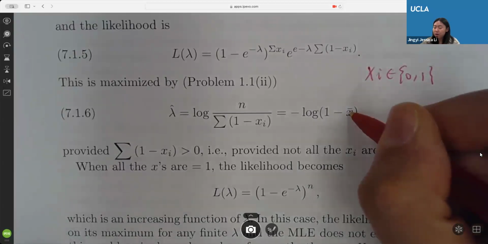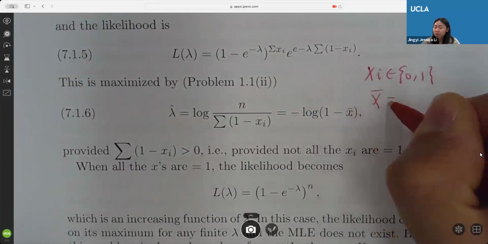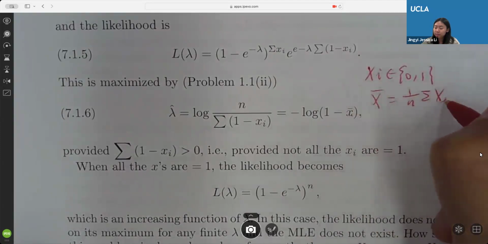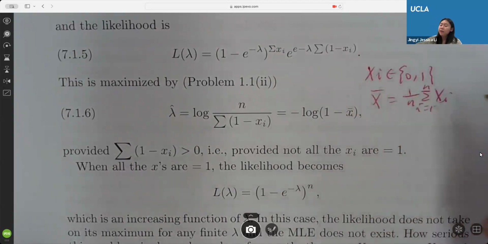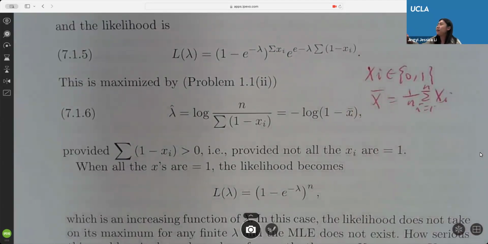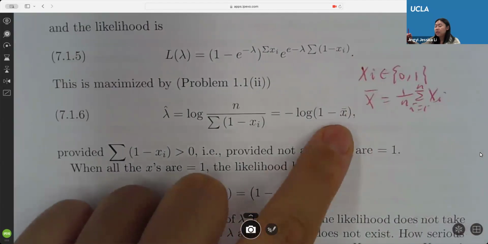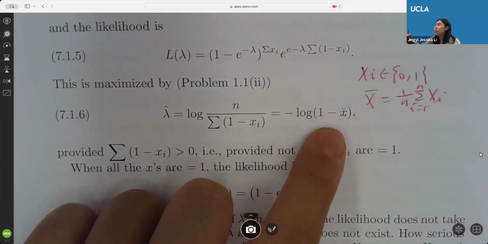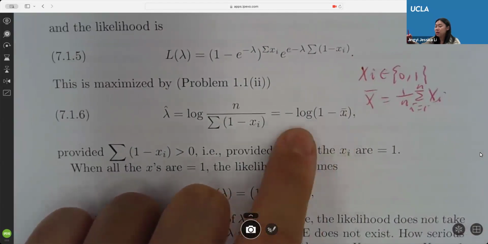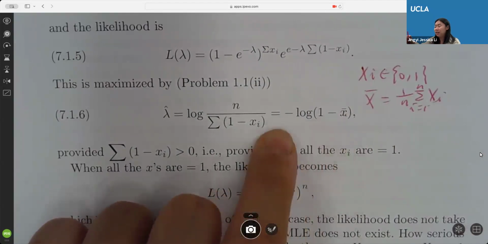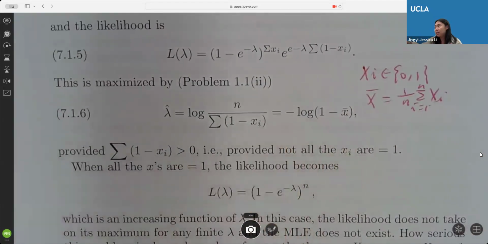If it's X bar, this X bar is just the average of the xi. If all of your xi's are 1, if everything you observe is 1, with no zeros, X bar is 1. 1 minus 1 means what? 0. Log 0 is what? Negative infinity. And you put a negative sign here, you get positive infinity. So you could have an infinite MLE. Why is that?